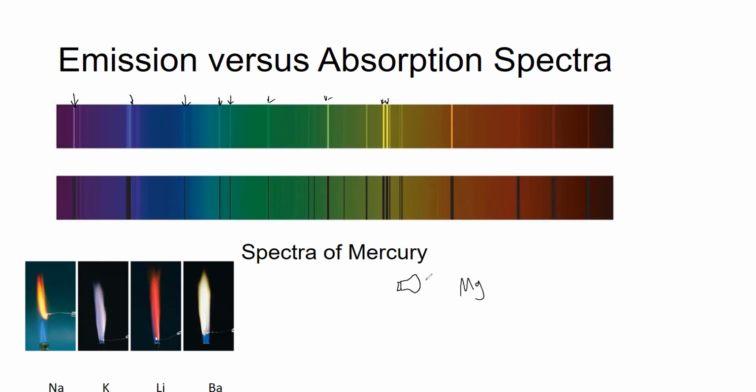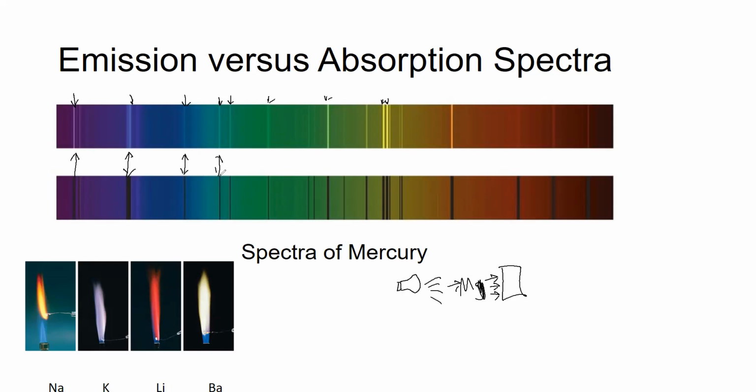You shine light at it and let it go through the mercury, and then you have a machine to see what wavelengths of light are coming through. When you do that, you'll notice that the wavelengths absorbed by mercury, what is not on your detector, are the very same wavelengths that mercury emits.